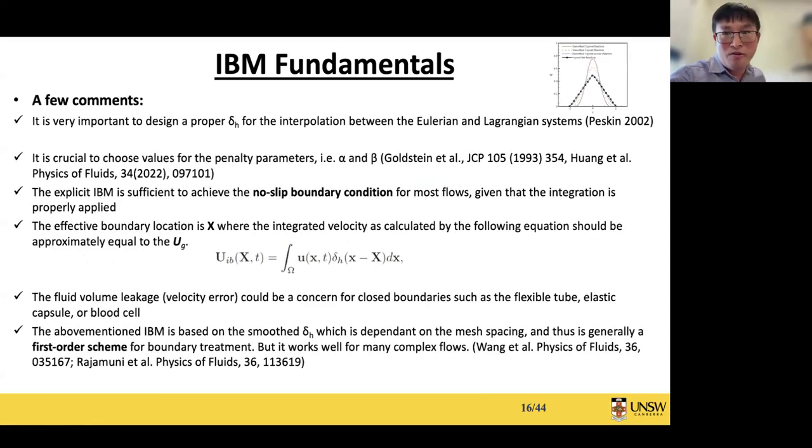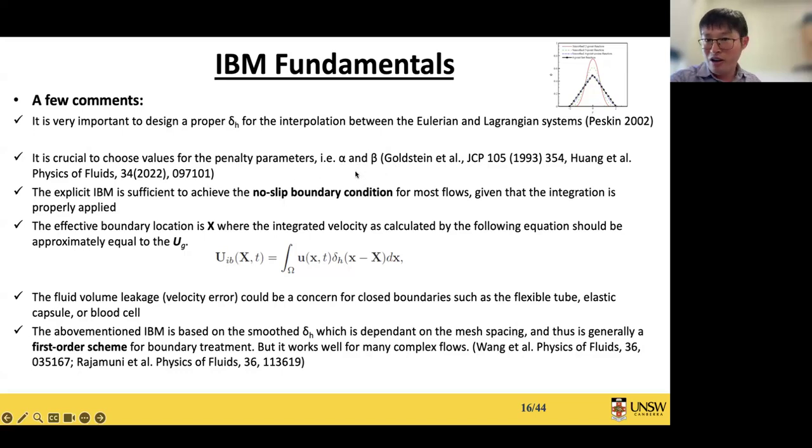And here are a few comments for this method. Firstly, it's very important to design a proper delta function for the interpolation between 2 meshes, the structure and the background fluid mesh. Here are some examples shown here. And it's crucial to choose the values for the penalty parameters, alpha and beta.